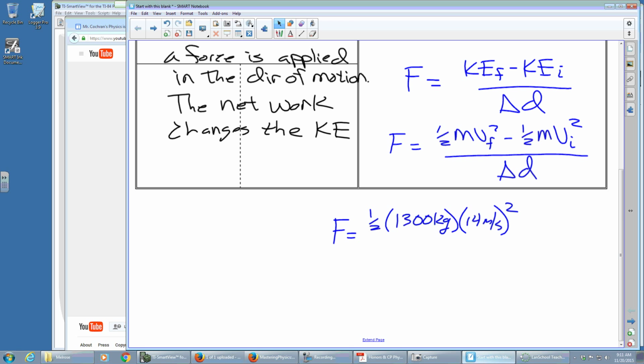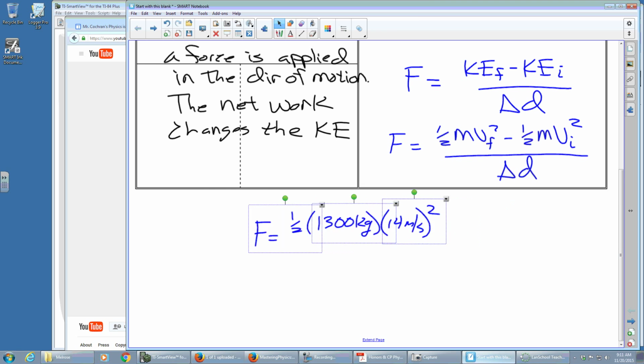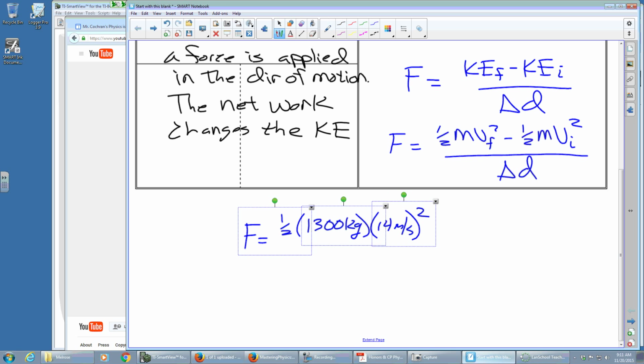I'm about to run out of room. Minus 1/2 times 1,300 kilograms. I think my initial speed was 19 meters per second.